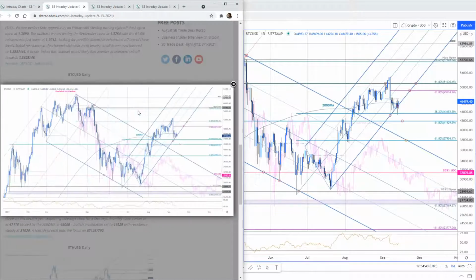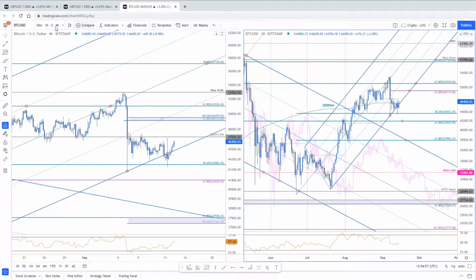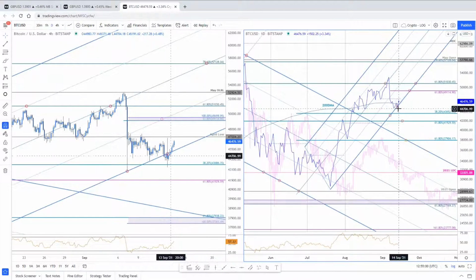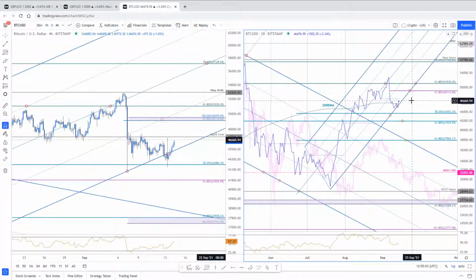So we tried to break through slope support, which is right here. It failed right at the 38.2 retracement of the entire June advance, which basically caught the lows on the dump here on that washout that we had last week. And so it's not a break. If we put this into a line chart, guys, we're basically bouncing off of uptrend support.